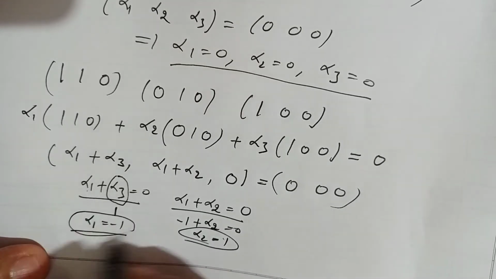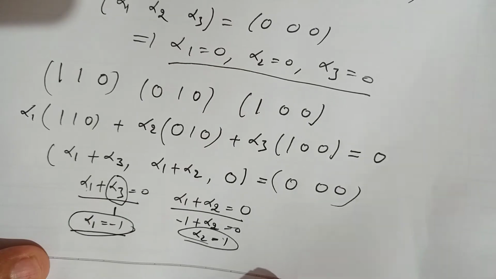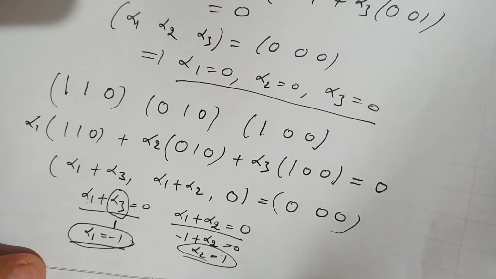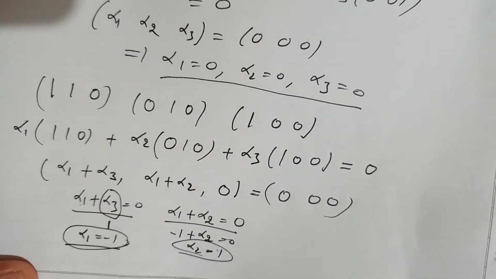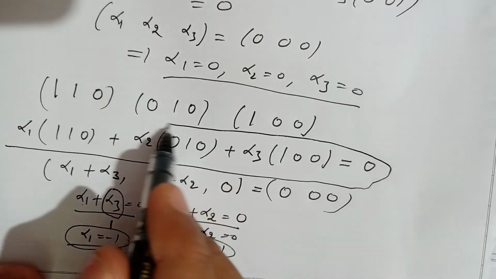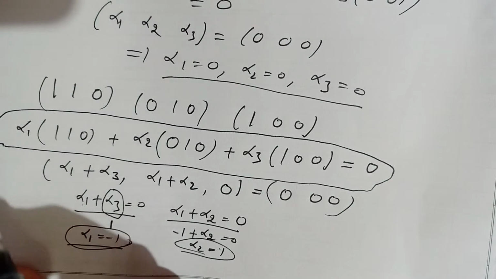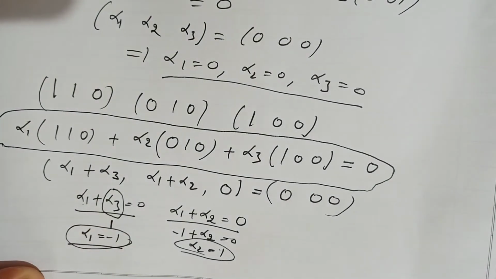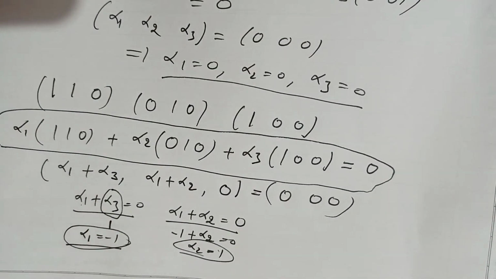So for this set, alpha 1, alpha 2, alpha 3 are non-zero, but in the definition, after writing this equation you should get all alpha is 0 for the independent set. If any one alpha is non-zero, we say dependent set. So this set is called the dependent set, fine.